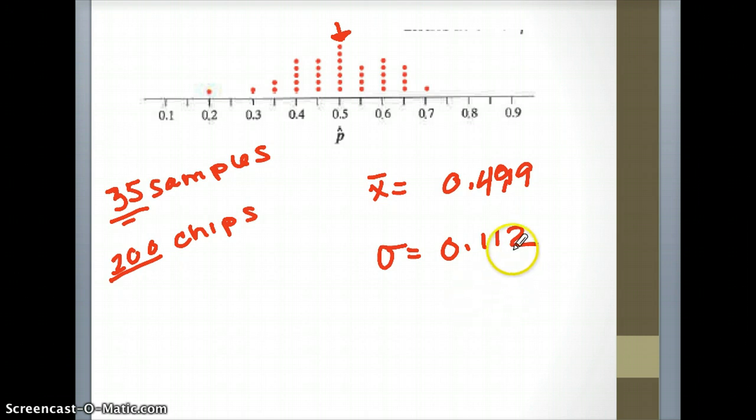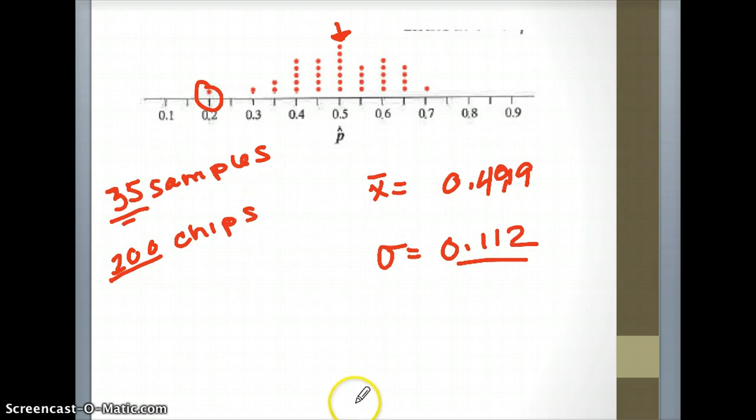And considering that this could possibly be an outlier, but considering that this is our standard deviation, I would say no, it's not an outlier. Again, this is only 35 SRSs. There are several that can be taken of size 20 in a population as large as 200.